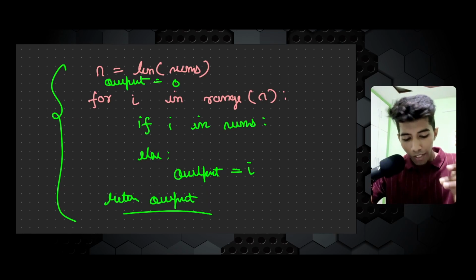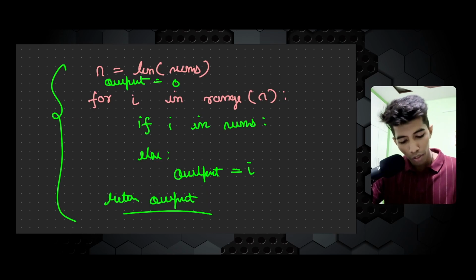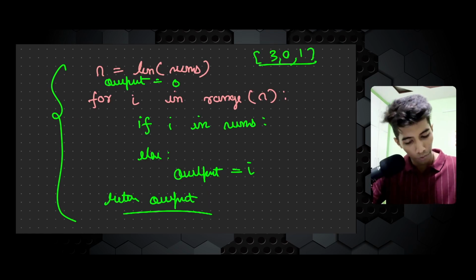Okay, so what we are doing is running the loop. Suppose we take the example of 3, 0 and 1, that test case. Here I am running the loop from 0 to 3. Let me check the first value, from 0. 0 is present, yes.